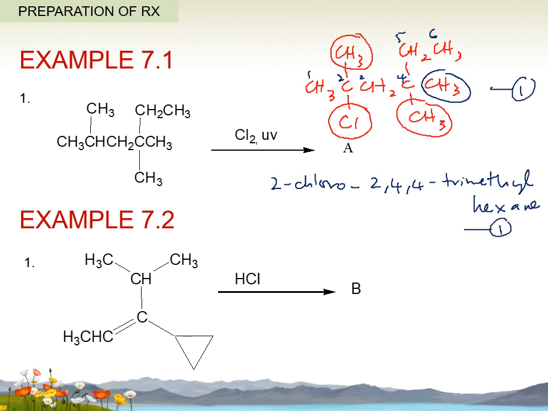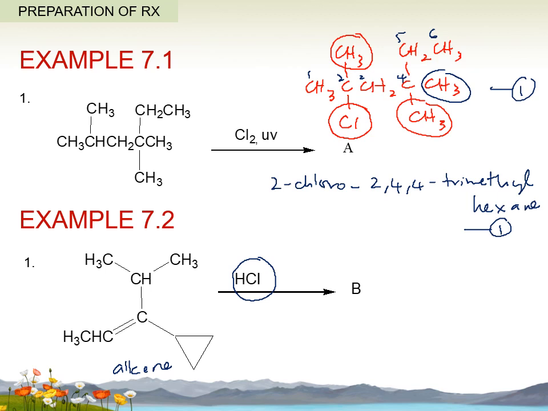Now let's look at the second example. This is basically an electrophilic addition because the reactant here is an alkene. You have a double bond over here. So this reagent is HCl.